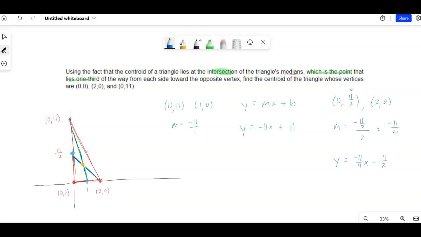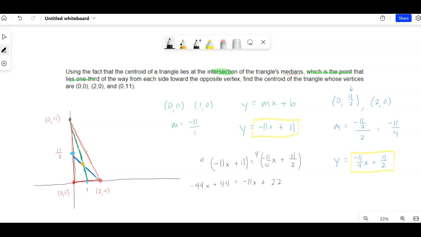And then what are we doing? We're finding where they intersect, so we're setting that equal to that. Negative 11x plus 11 is equal to negative 11 fourths x plus 11 halves. I don't like fractions, so I'm going to multiply both sides by 4, the common denominator, to get rid of the fractions. So I'll have negative 44x plus 44 equals negative 11x plus 22.